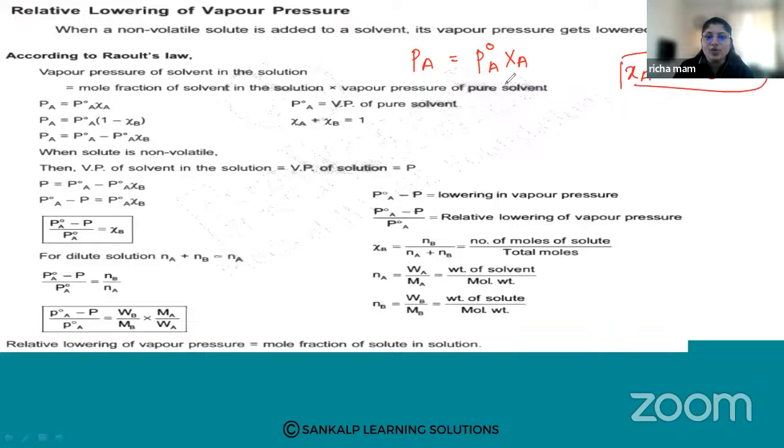So I take P_A equal to P naught of A. Now what is chi A? Chi A can be 1 minus chi B.